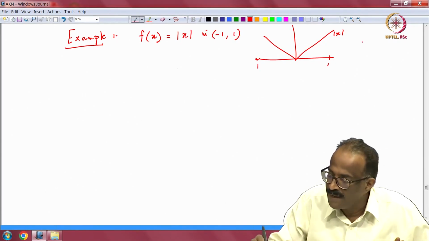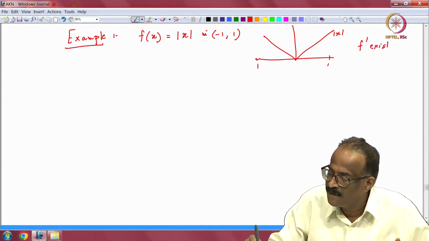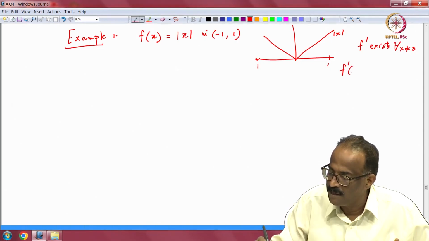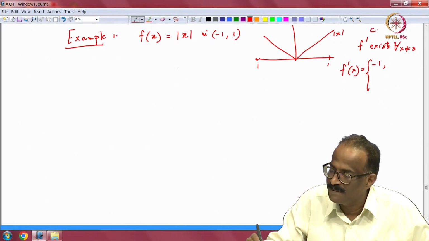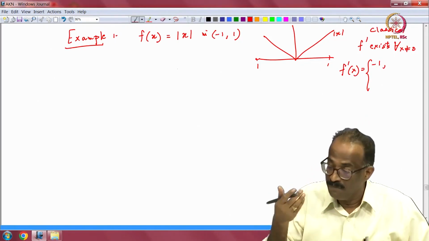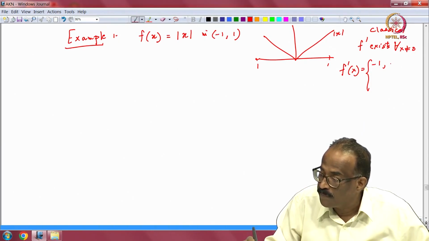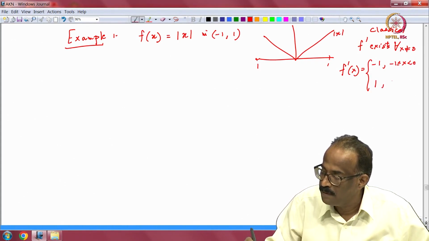Of course f prime of x exists for all x not equal to 0. In fact, f prime of x equals minus 1 for minus 1 less than or equal to x less than 0, and plus 1 for x greater than 0. This is classical. At 0 it is not defined.